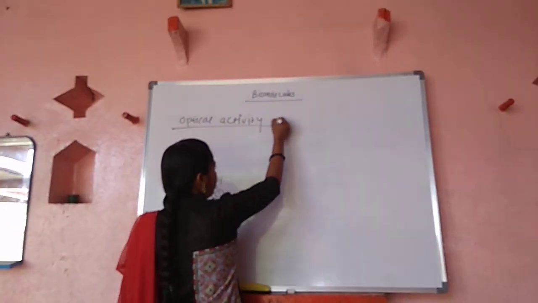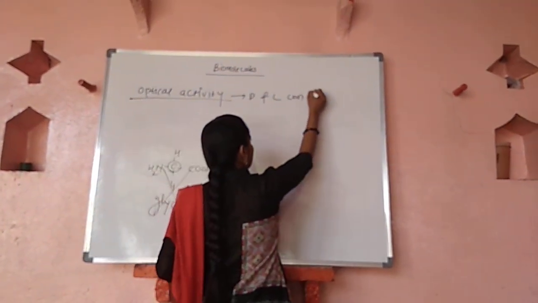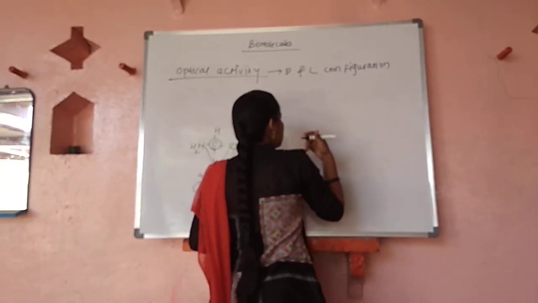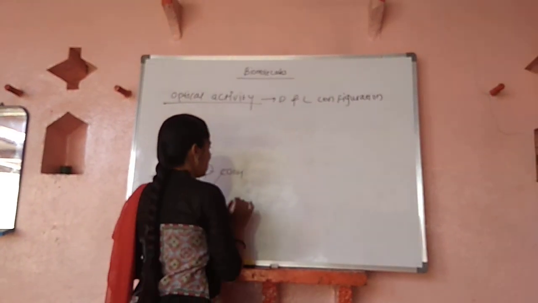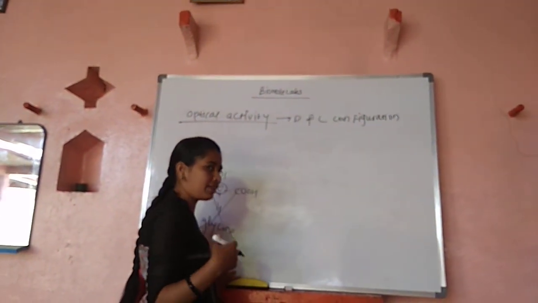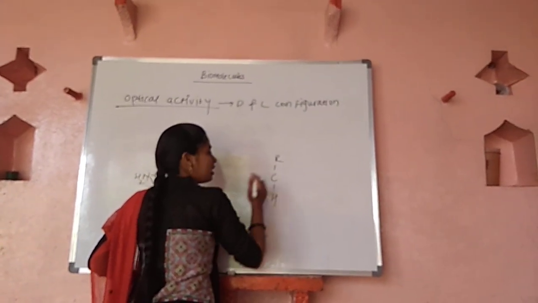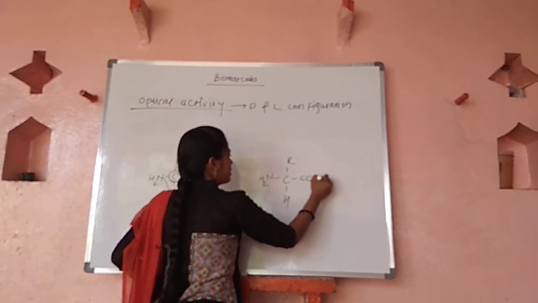Most of the amino acids show two configurations, D and L configuration. How will we decide whether it is D configuration or L configuration? Suppose I take one amino acid and explain. This is your alkyl group, this is your amino group, and this is your acid group.